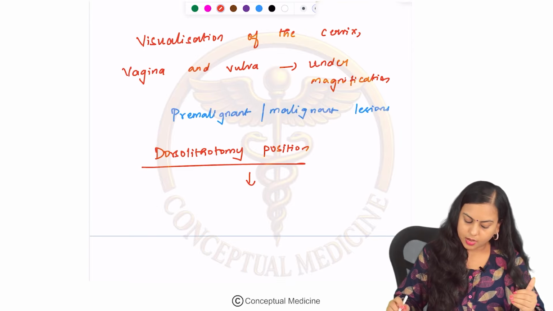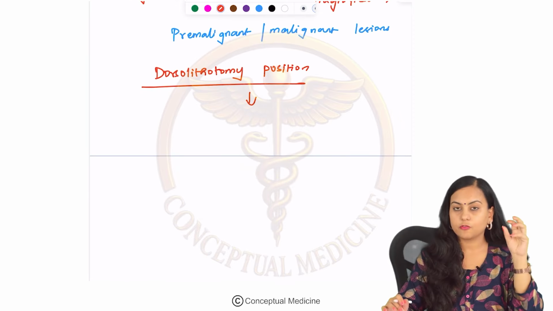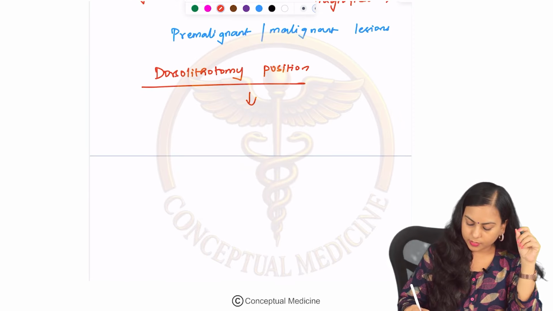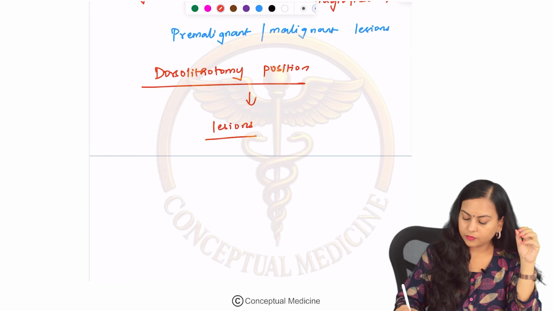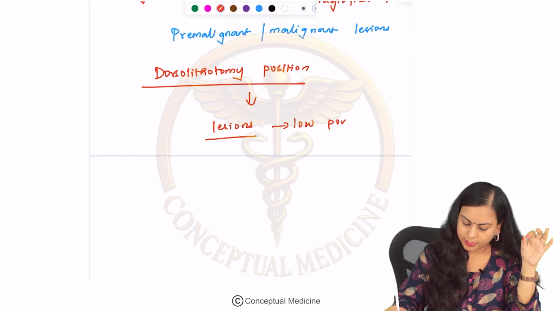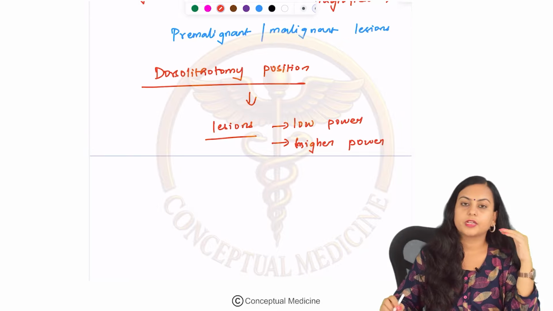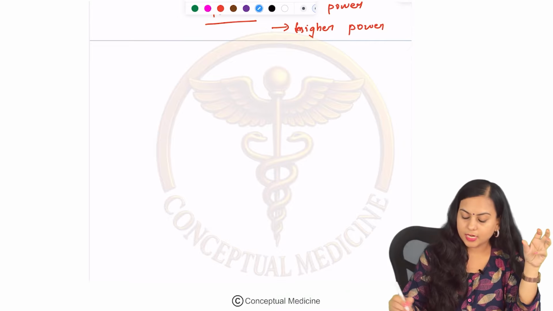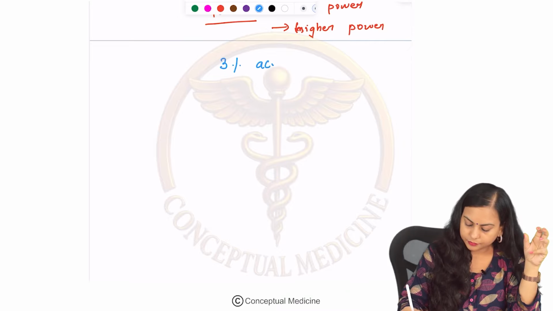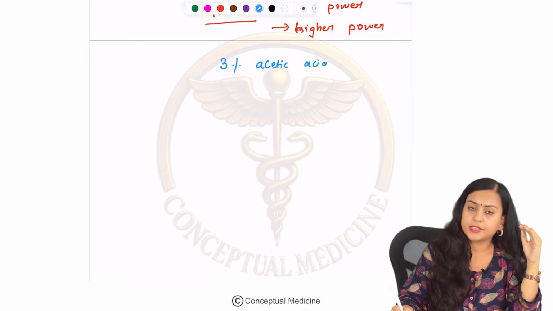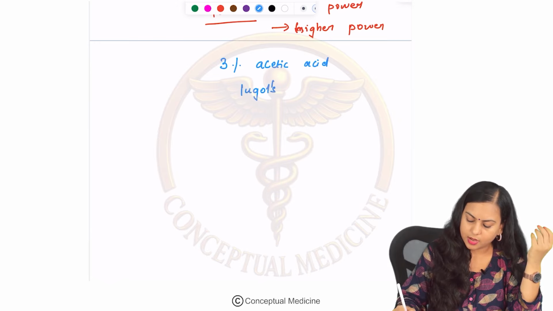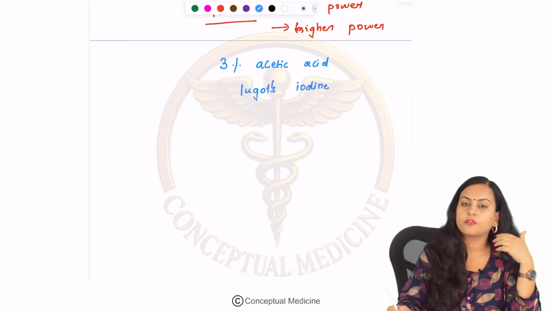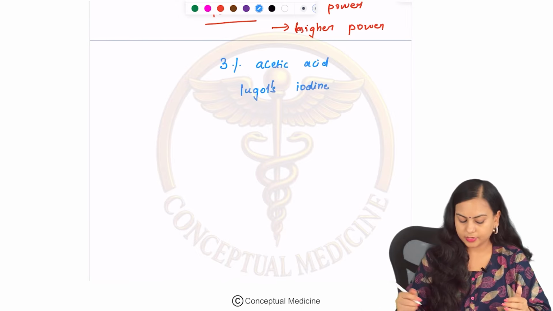and after inserting the speculum and focusing the colposcope, you check for the lesions with low power initially, then move to a higher power for better visualization. Then the lesions are stained with 3% acetic acid as well as Lugol's iodine, just like we do for our VIA and VILI test.